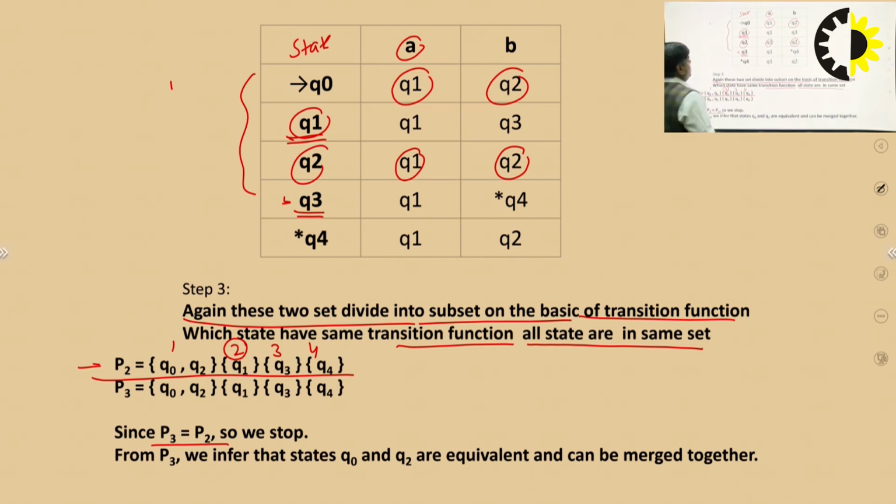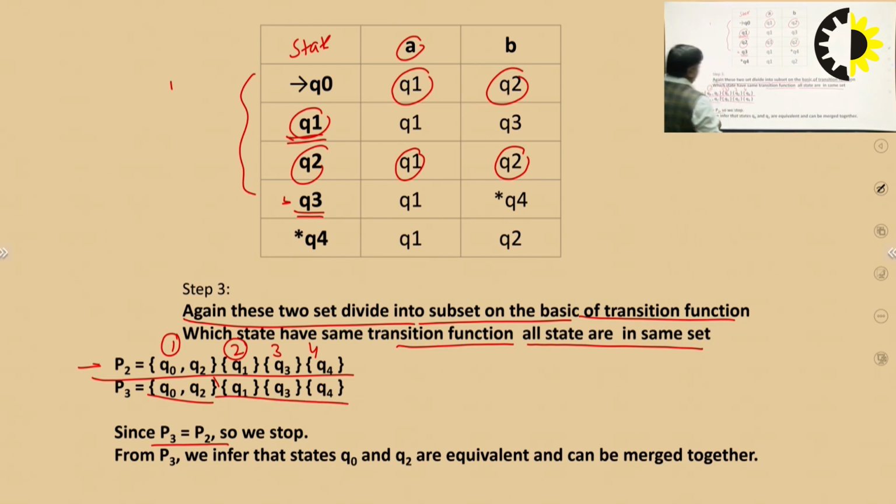And for Q2, same, it is Q1, so for A, Q0 and Q2 have the same transition. And for B, it is Q2, it lies into its own set. And for both, they lie into the same set. It means Q0 and Q2 again have the same transition function. So both lie into the same set.